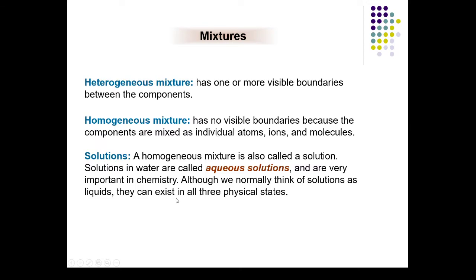Okay. Now, there's two types of mixtures out there. Homogeneous mixtures and heterogeneous. Hetero meaning opposite, homo meaning same. Heterogeneous mixtures have one or more visible boundaries between the components. Okay. Homogeneous mixtures, there's no boundaries seen.